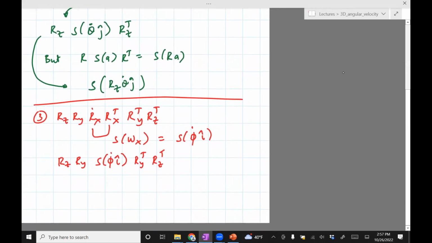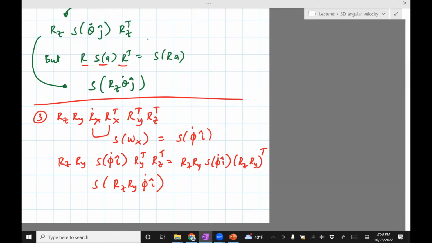But now I can use this property that R times S of A times R transpose is the same as S of R of A. So this becomes S of RZ RY P dot I. RY transpose RZ transpose is (B transpose A transpose), the same as (A B) transpose. So now you can see how that's related to R S R transpose.